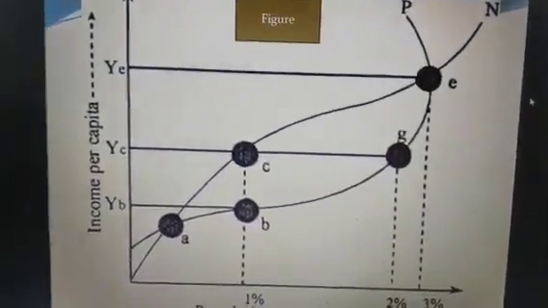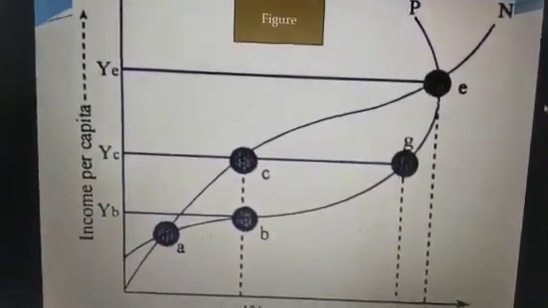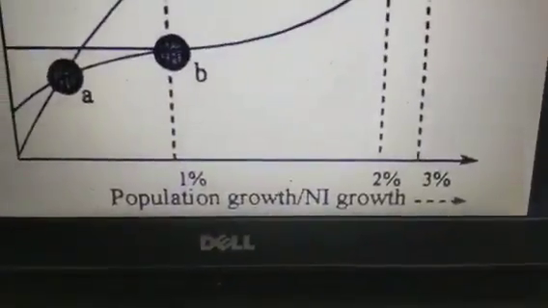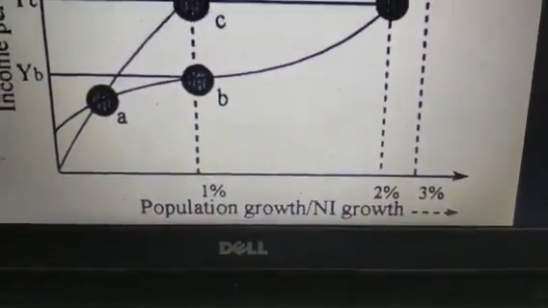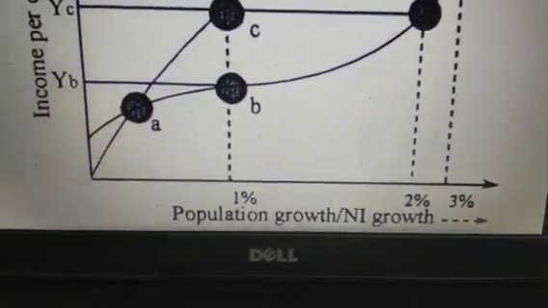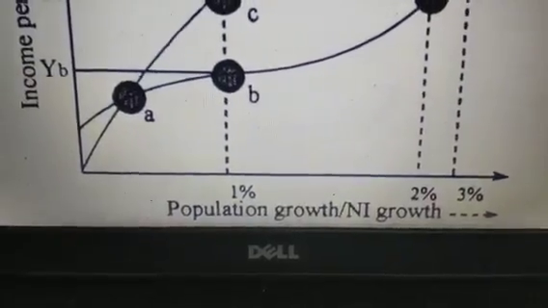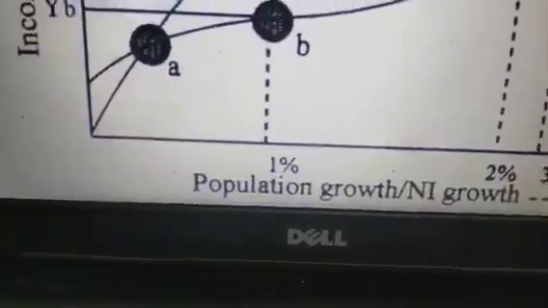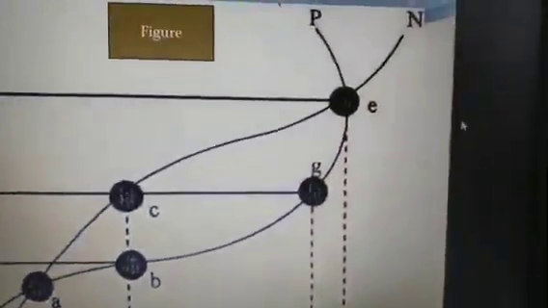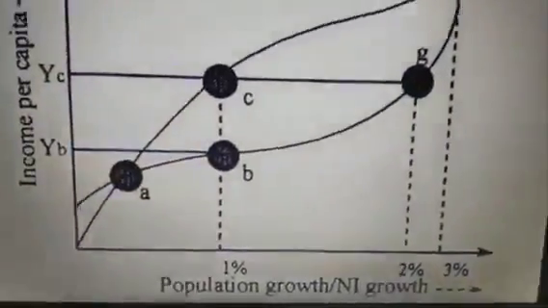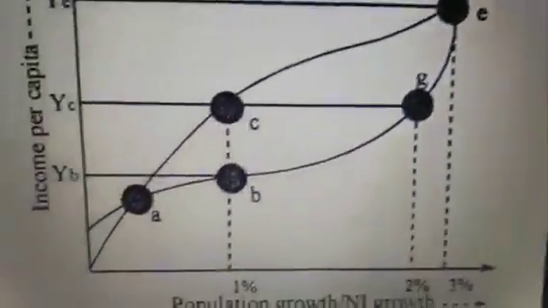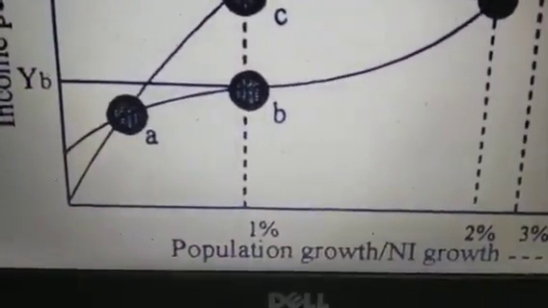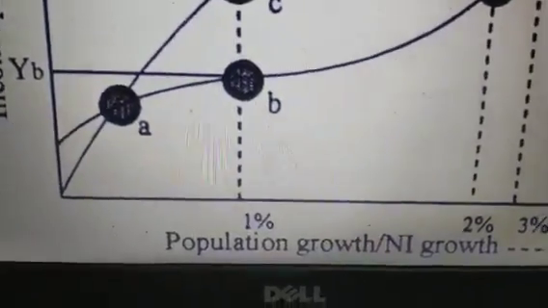You can see in this graph, the y-axis is denoting income per capita. The x-axis is denoting population growth or national income growth, whichever we are talking about. You can see the income level can start from zero diagonally. This is the N line, moving diagonally from zero, and the population line starts from the upper point of the income level.